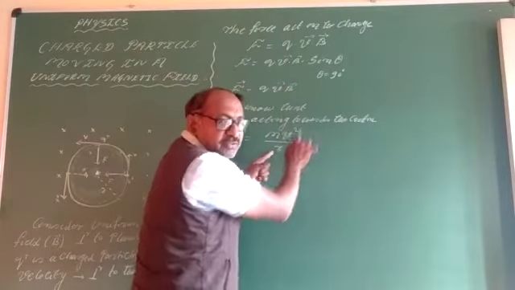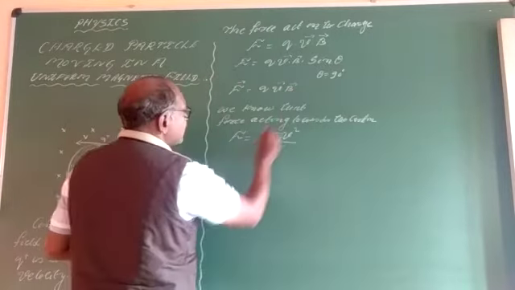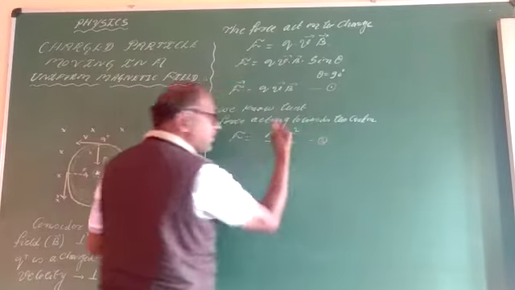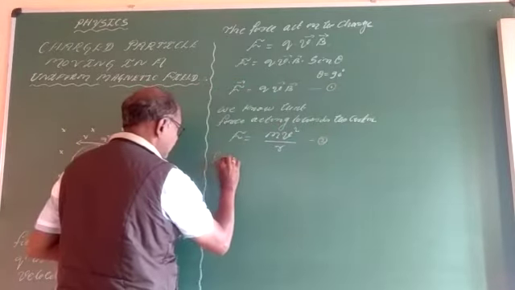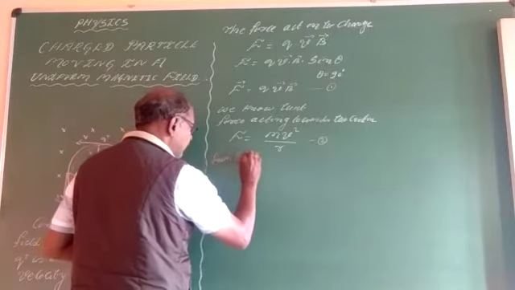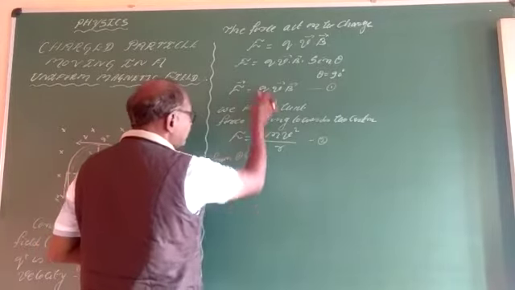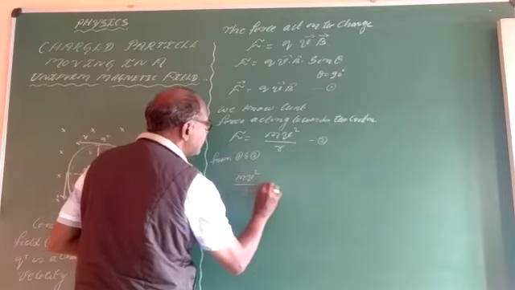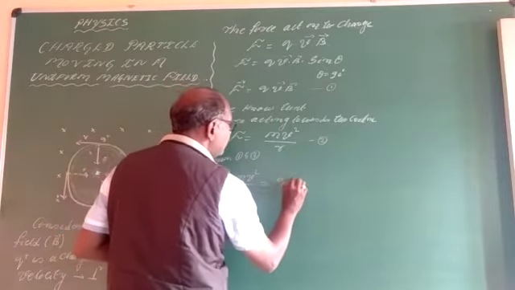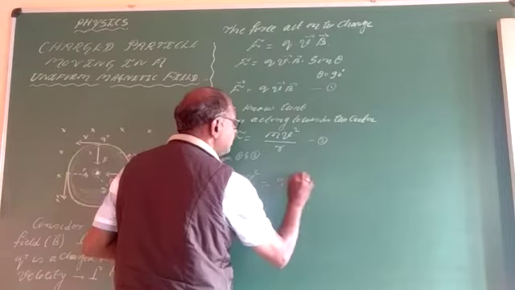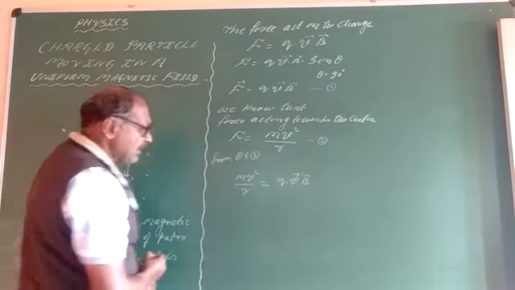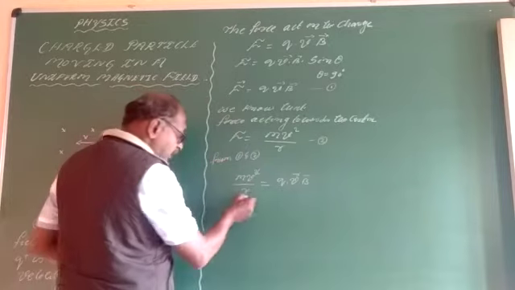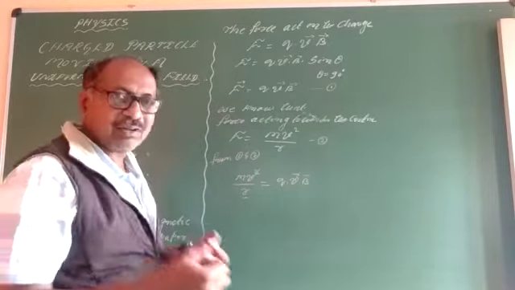Let us substitute this formula to here. This is considered as the first equation and this is the second equation. From 1 and 2, mv square divided by r is equal to Q into v into B. One v is cancelled with the v, there is no doubt about it. So what is the radius of that?